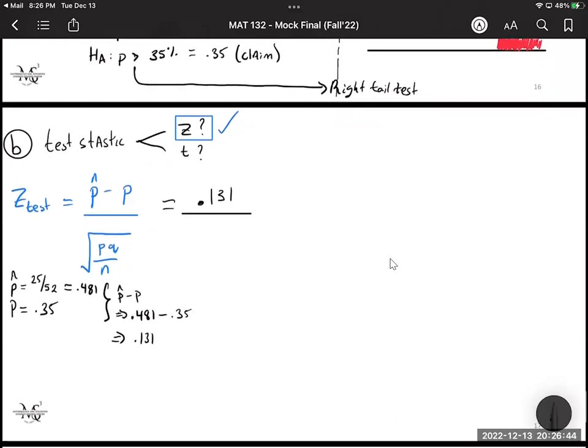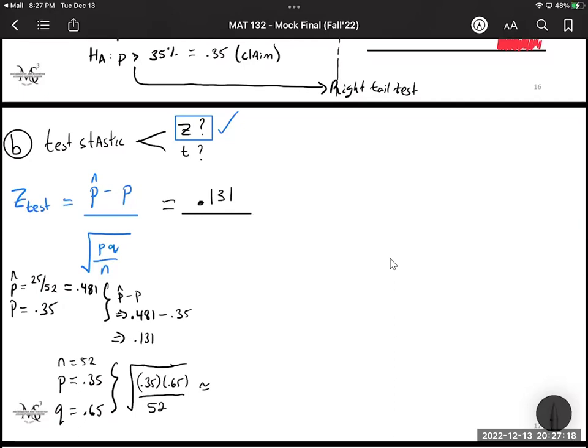For your bottom number, we already established that p was 0.35. So what is my q? 0.65. 0.65, and n of course was 52. So when I take the square root of 0.35 times 0.65 over 52, I want to use as many decimals as I want, so let's just use 5 decimals.